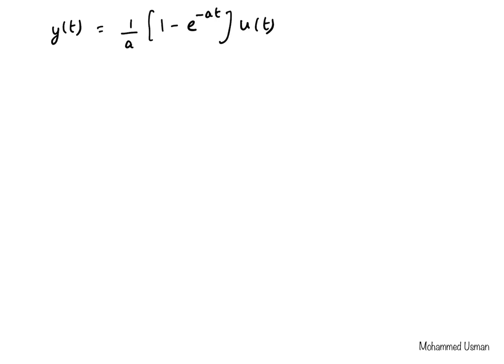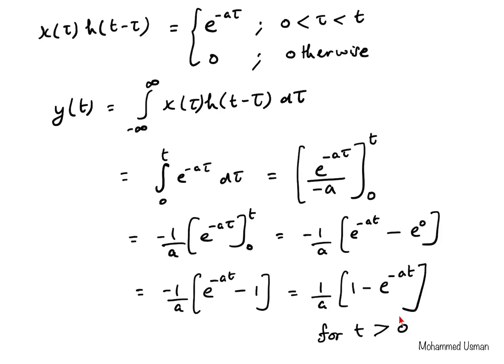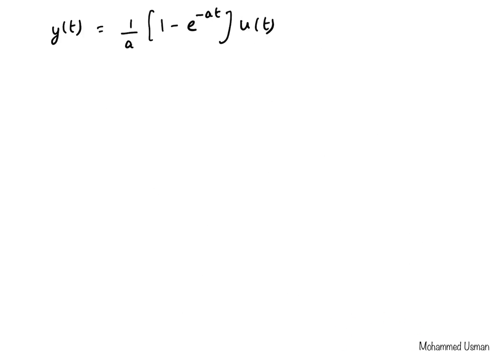Because we can't say whether at t equal to 0 u of t is taking the value of 0 or 1. It can't be both, so we just say it has this non-zero value for t greater than 0, and for that we have just multiplied it with u of t. So that's the way of representing it.